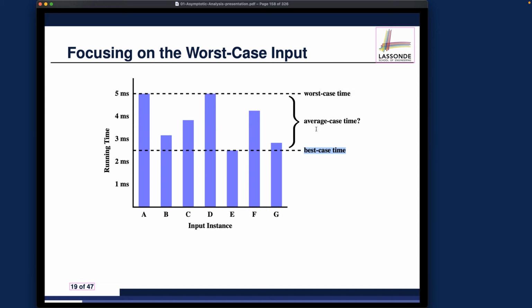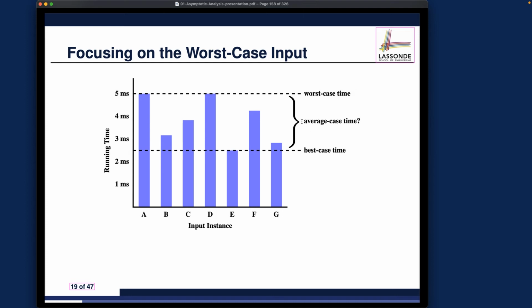If I am able to tell you this is the best case and this is the worst case, the implicit assumption is I have already covered all the possible shapes and sizes of the inputs. Otherwise, I cannot really say this is the best and there's no better one, and this is the worst, there's no worse one, right? But that's the implicit assumption.